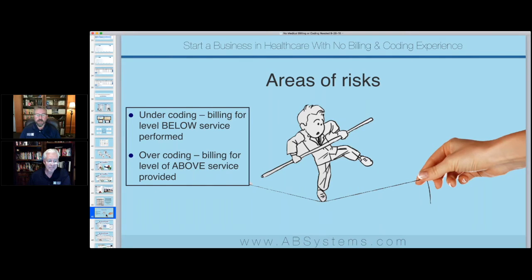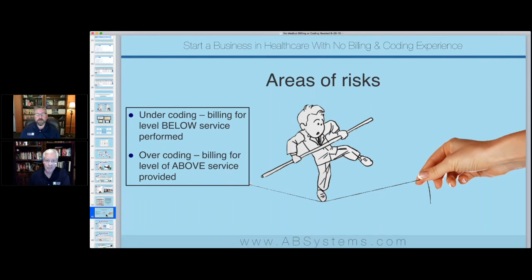Right. And these are the areas of risk that we're showing you here. If they undercode, and let's talk about that, because again, we don't want to be too technical. Remember, the procedure code is what the doctor's doing for the patient. And remember, they said there's 5 levels of that: 1, 2, 3, 4, and 5. 5 being the highest. If a doctor's always putting the level 5 visit on there and trying to get the maximum amount of money, but their notes don't support that, they are overcoding.